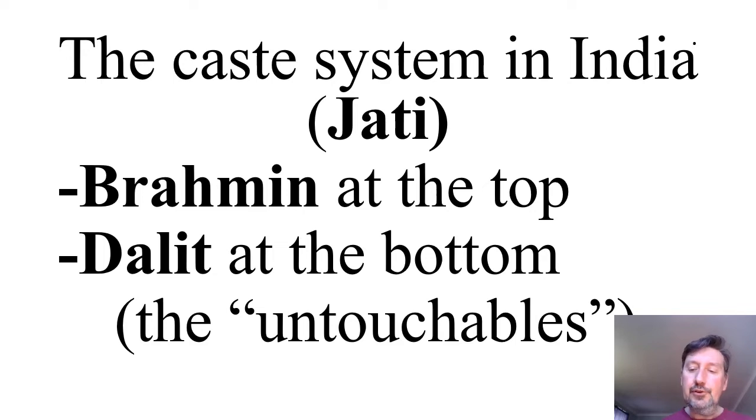Dalit do the dirty jobs. And in most places, they are physically separated from the rest of society, though there are now laws in India prohibiting discrimination against them. The jati system in India is one common example of caste stratification, but it is not the only example of caste that we find in the world.